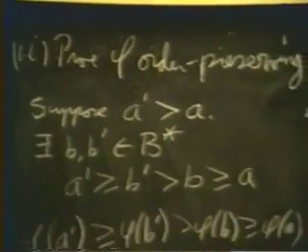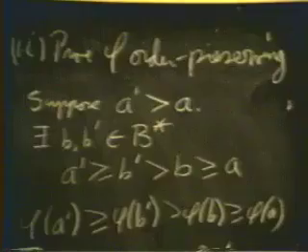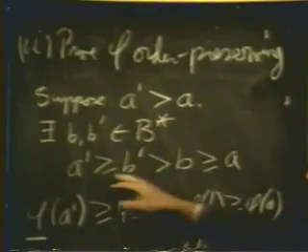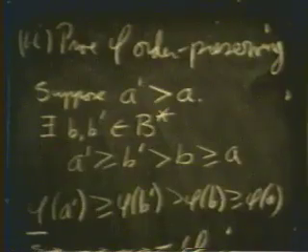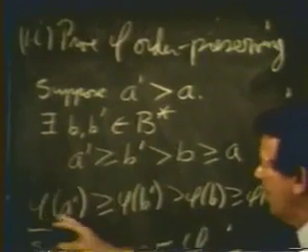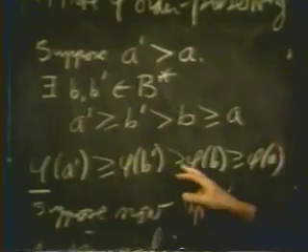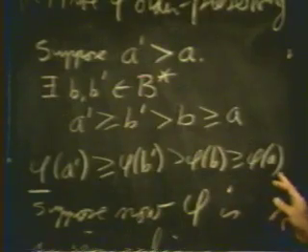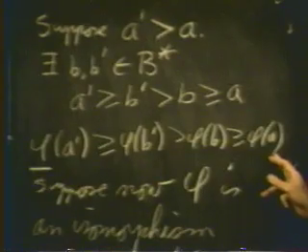Suppose A prime is strictly greater than A in the given ordinal setup that we start from, the ordering of the set A. Then it's easy to show that we must have elements B, B prime in B starred such that A prime is equal to or greater than B prime, greater than B, at least as great as A. From the definition of phi, we know at once that phi of A prime is at least as great as phi of B prime, because remember the definition of the set and the least upper bound, which is strictly greater than B from this relation, since these are elements of B starred, equal to or greater than phi of A. Well, that shows that phi of A prime is equal to or greater than phi of A, which is the desired order-preserving property.